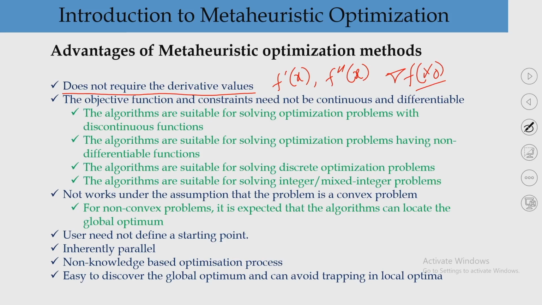The objective function and constraints need not be continuous and differentiable. One of the limitations of classical optimization methods is that the function should be continuous and differentiable, but in the case of metaheuristic optimization methods this restriction is not there.